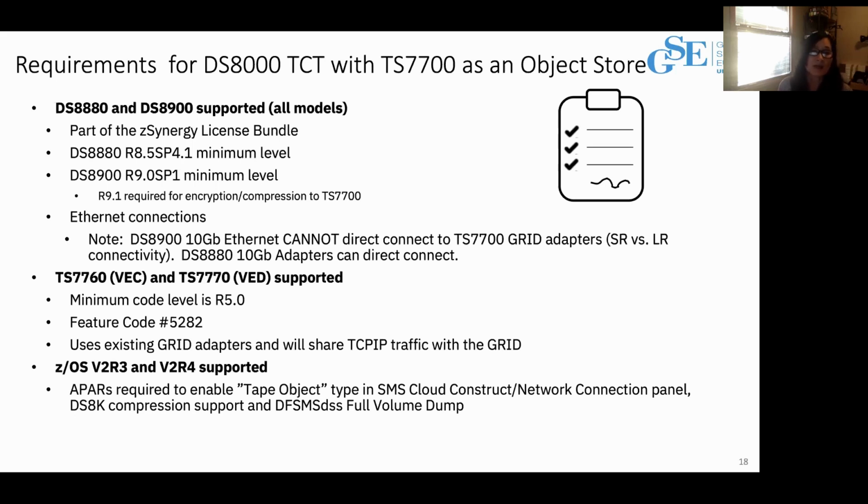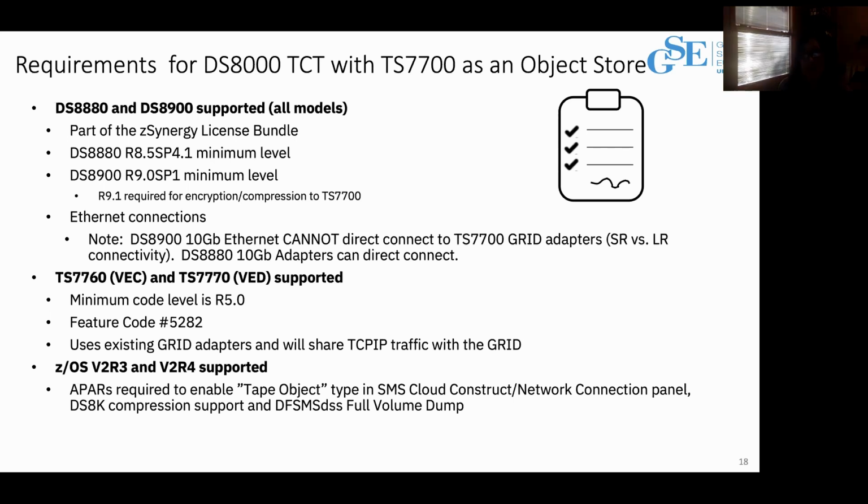On the DS8880, the minimum code level is 8.5 Service Pack 4.1. For the DS8900, the minimum level is 9.0 Service Pack 1. However, if you want to take advantage of the encryption and compression that Eddie just talked about, it does require the 9.1 level of code.